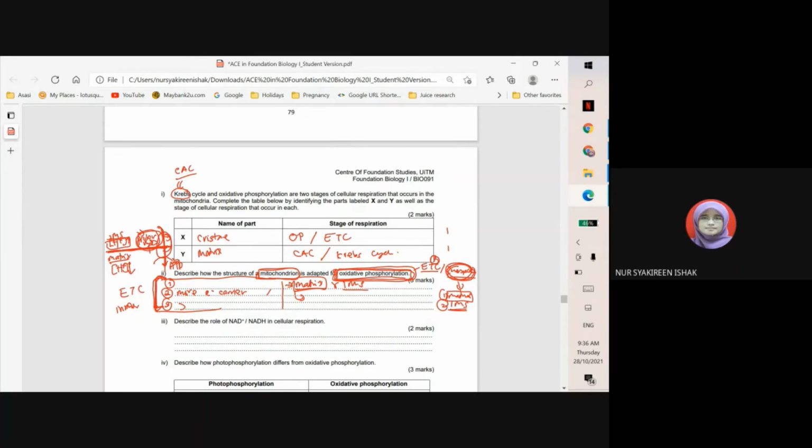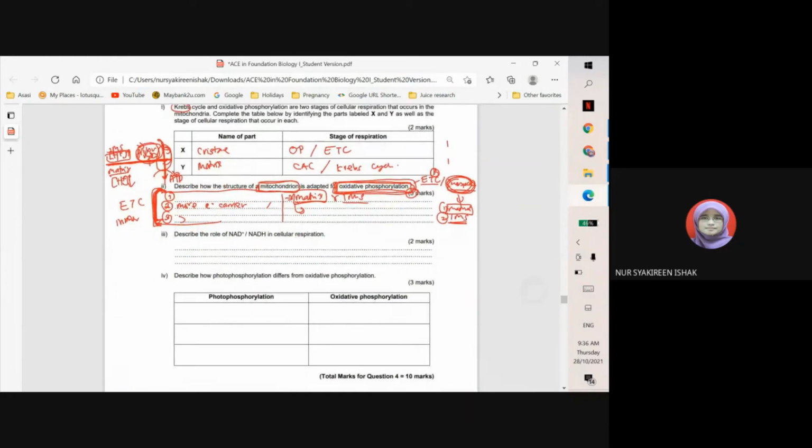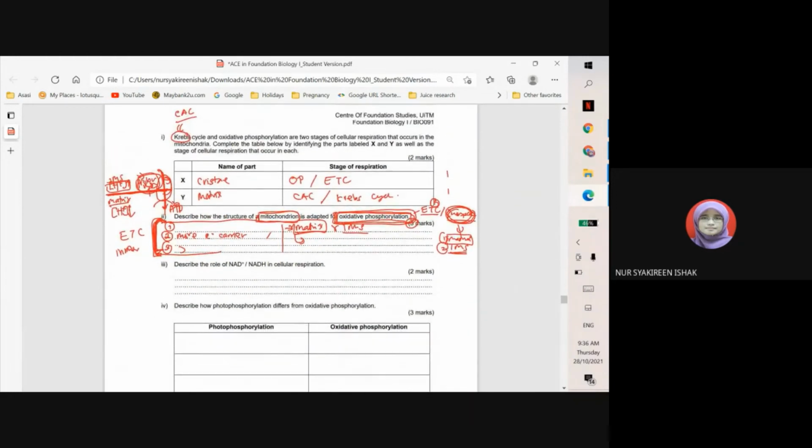Dan either of the points will be enough. So dia nak 3 markah. So the first three tadi pun dah okay dah. You mention why the inner membrane of mitochondria is highly folded kan. Okay, so number 3. Faham? Do you have any question on question 2 ni? Faham, madam. Alright.